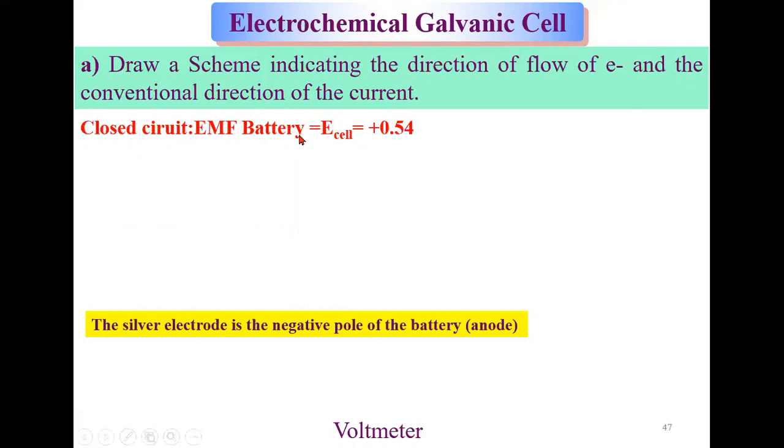Because they're only related to work and thus to delta G only when the circuit is starting, right at the beginning, or when it's closed. That's the maximum for the cell.